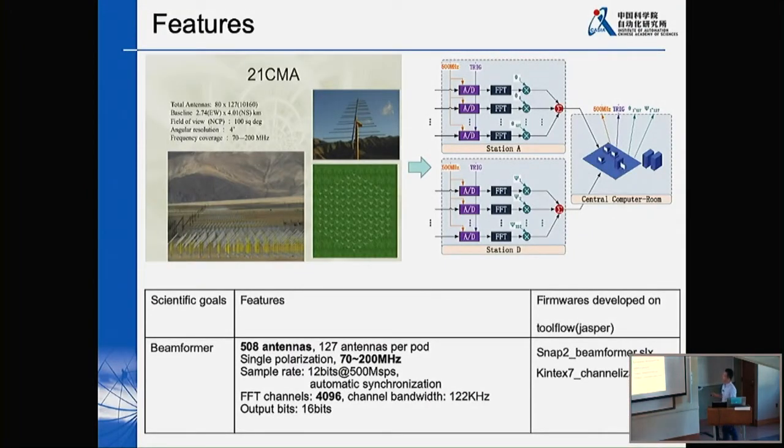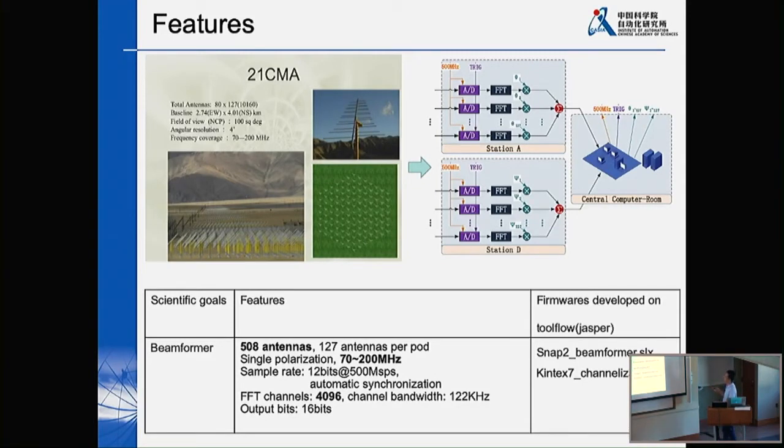The backend is placed in a simple sampling station room near the pod, responsible for the beamforming of 127 channels and transmitting the results back to the central computer room by optical fibers.